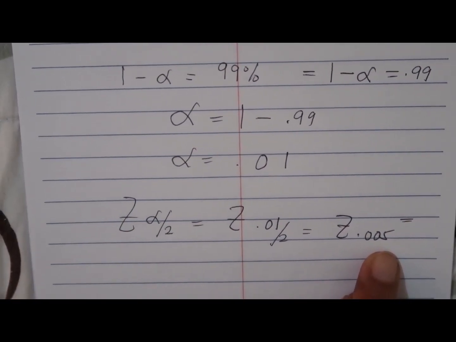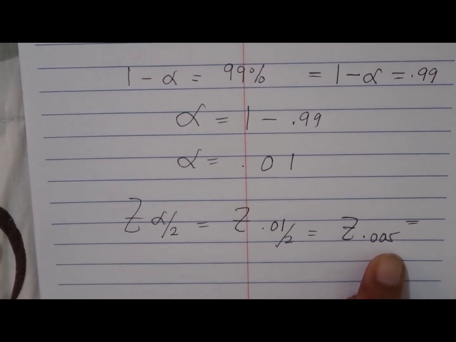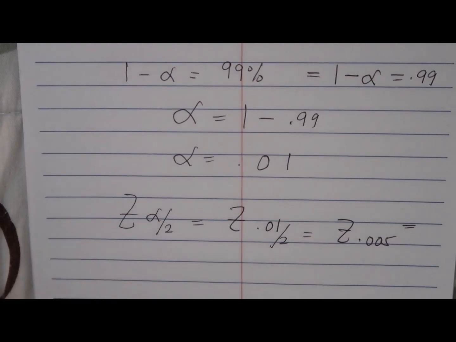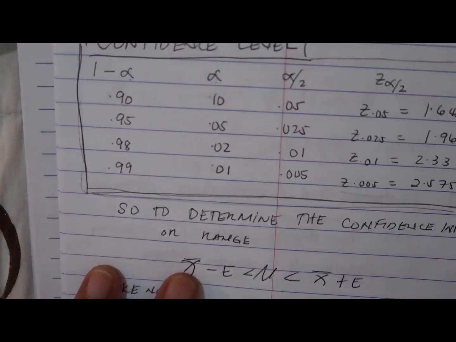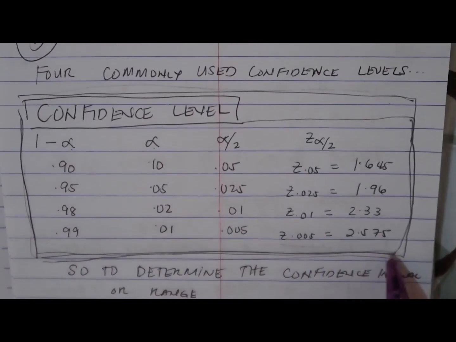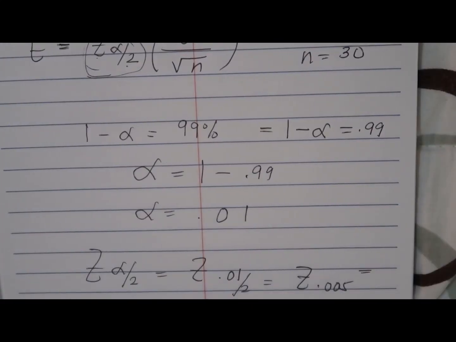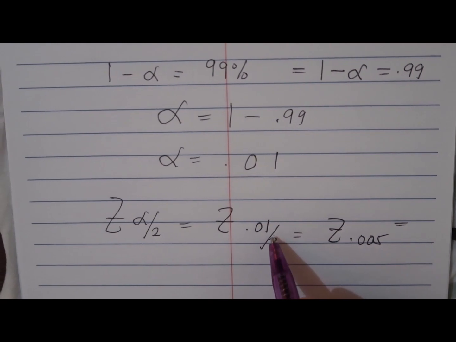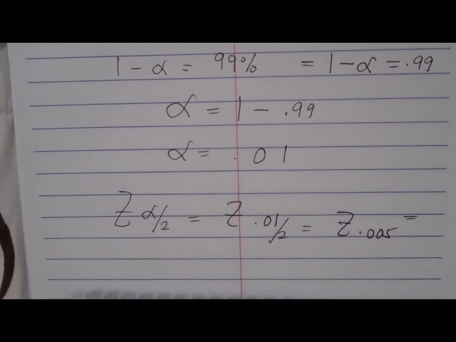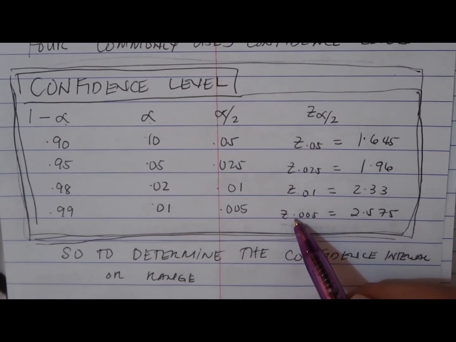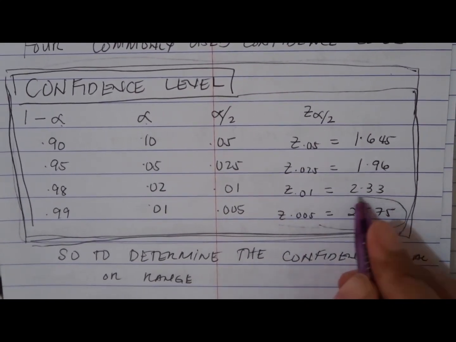There are two ways. The first one is using the table. Okay, this one, the confidence level table. So Z alpha 0.01 divided by 2, that will be 0.005. So look, Z 0.005. So this one.